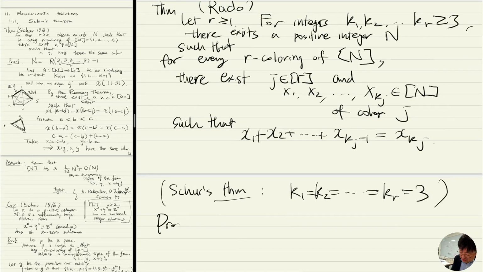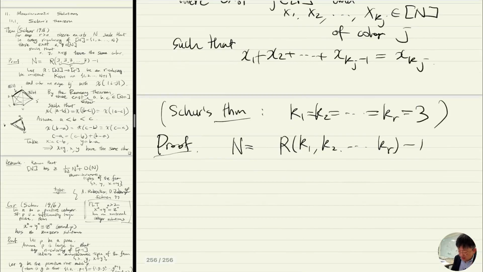And the proof is easy. You still take n to be the Ramsey number of k1, k2, up to kr, minus 1.